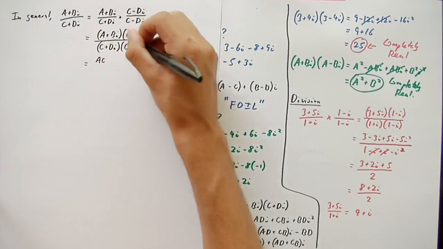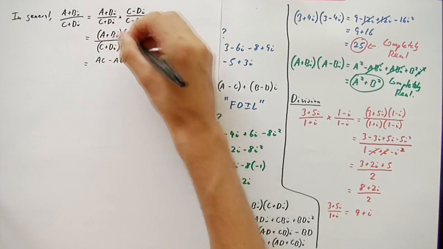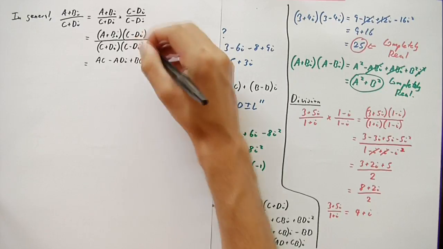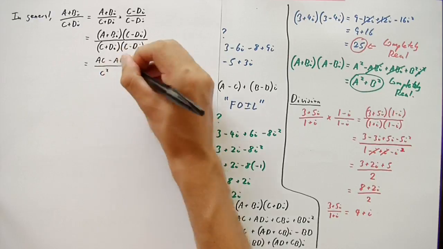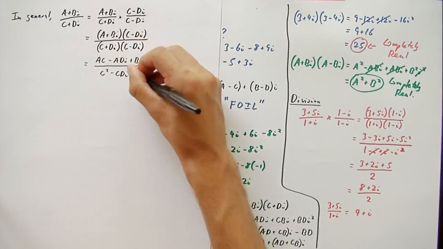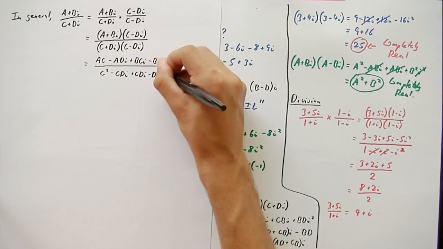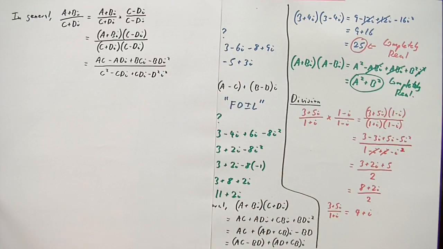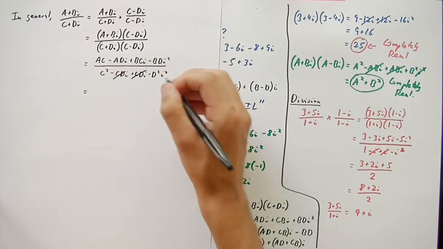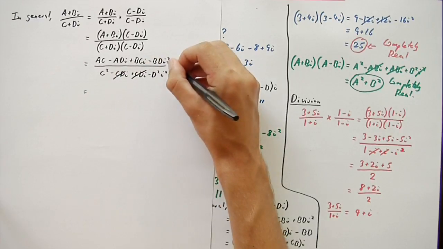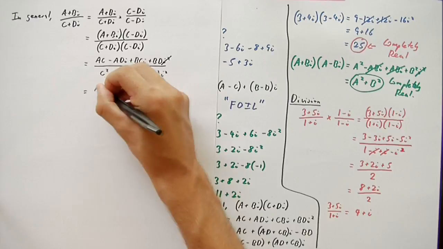Now expanding that is going to give us ac minus adi plus bci minus bdi squared, all divided by c squared minus cdi plus cdi minus d squared i squared. On the bottom, these two imaginary parts are going to cancel out, and the i squared here is going to make this bd positive.